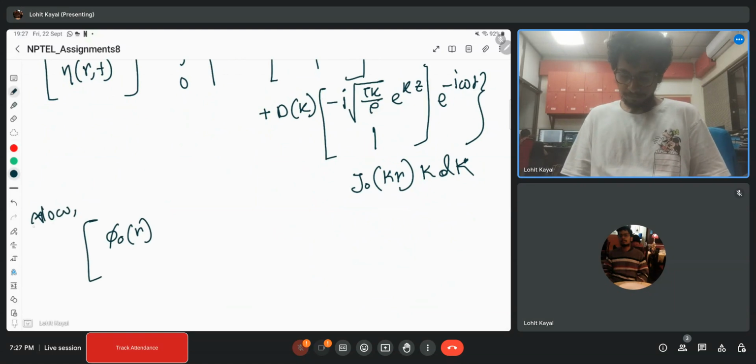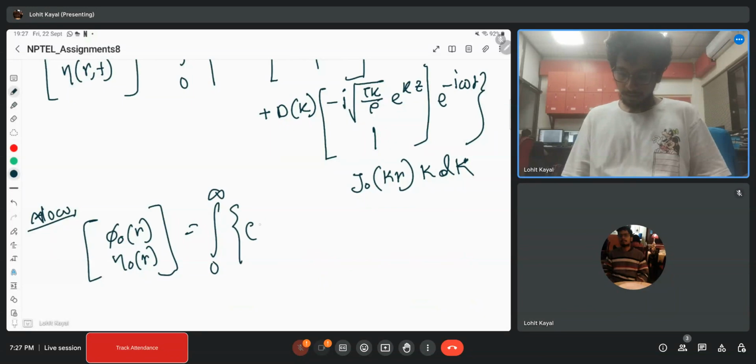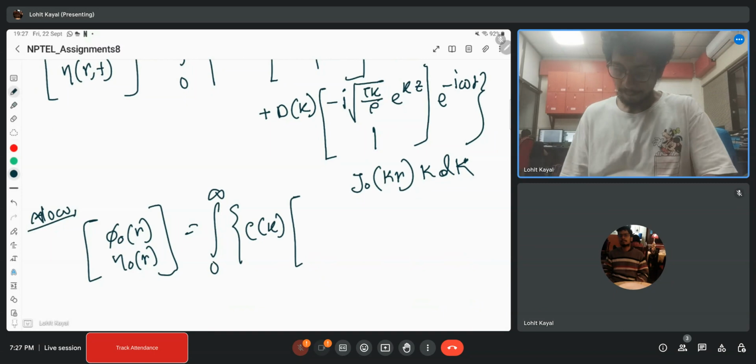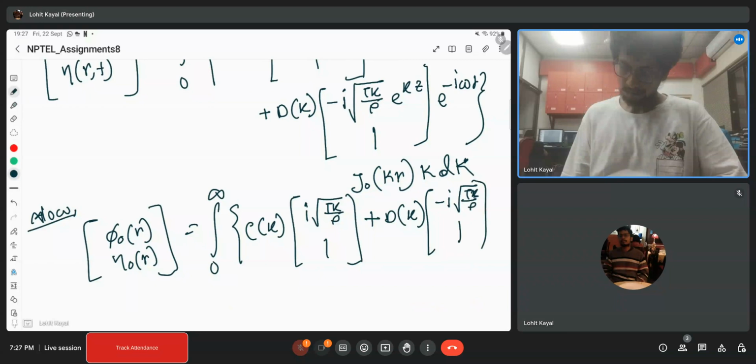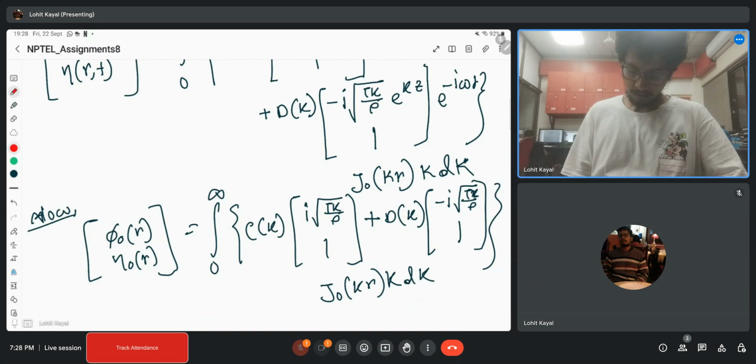Now eta 0 of r is equal to the integral from 0 to infinity of c k by rho times 1 plus d k, minus i square root of Tk by rho times 1, J0(kr) k dk. It is all of that.